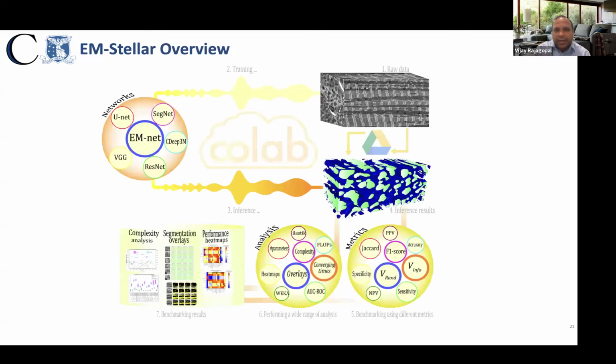We set this up as a Google Colab, where you can pass in a raw data set, and EM Stellar then applies different trained AI models that we've implemented on the system, and it will tell you the performance of each model to try and choose the best one.